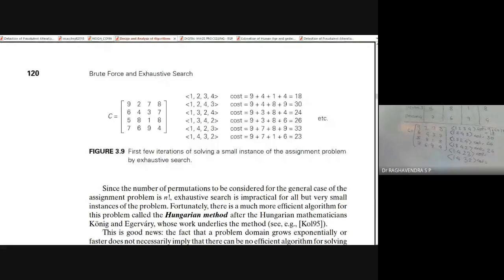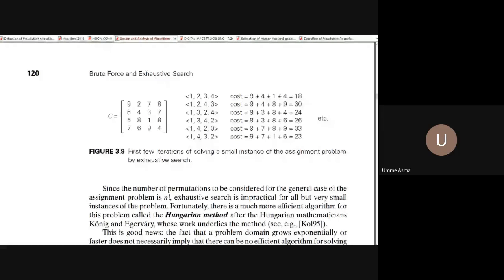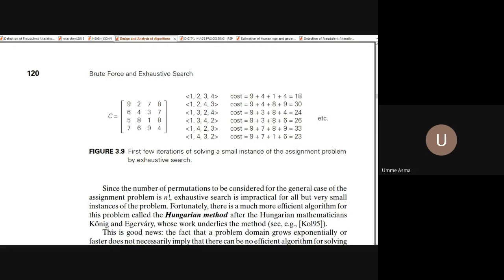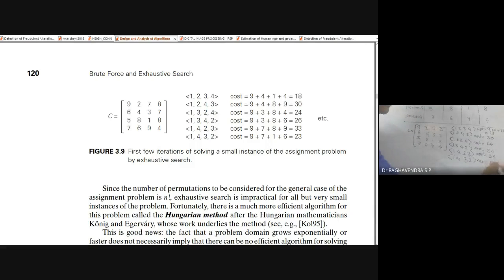Similarly, if you go for the combination 1, 4, 2, 3, 33. Then 1, 4, 3, 2, 23. So we have these values now here.